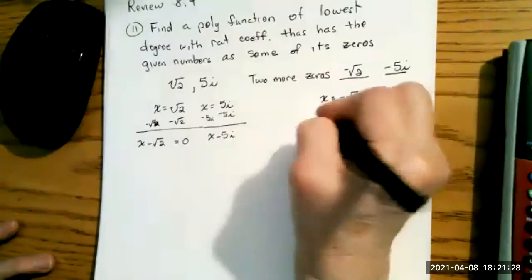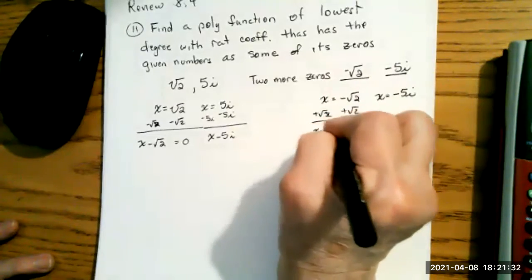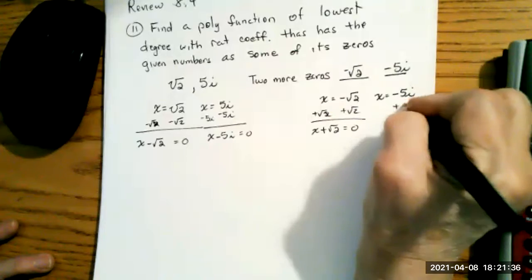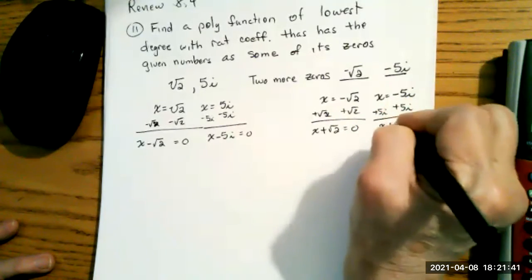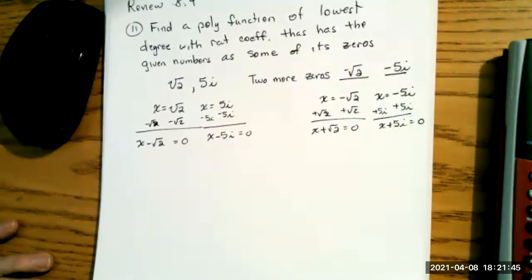I'm going to add the square root of 2 here, and I get x plus the square root of 2. And adding 5i gives me x plus 5i. And see, those are the factors: x minus the square root of 2, x plus the square root of 2, x minus 5i, x plus 5i.